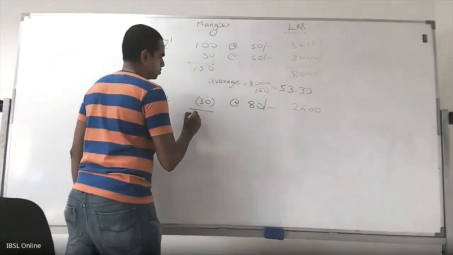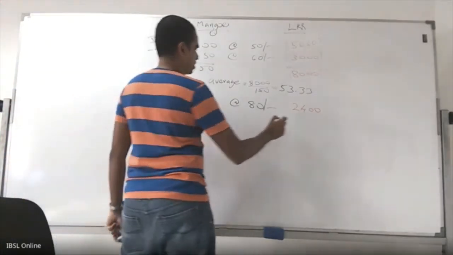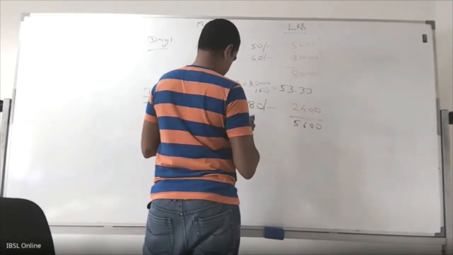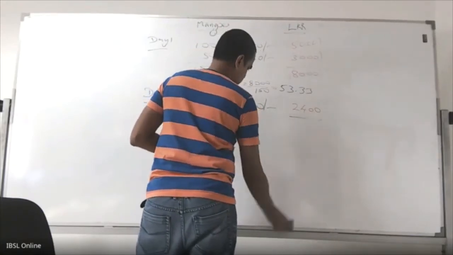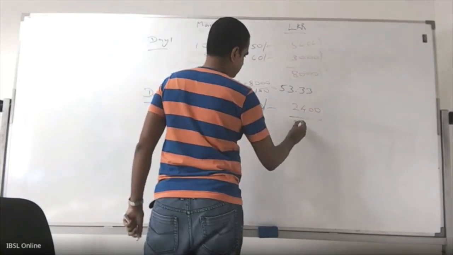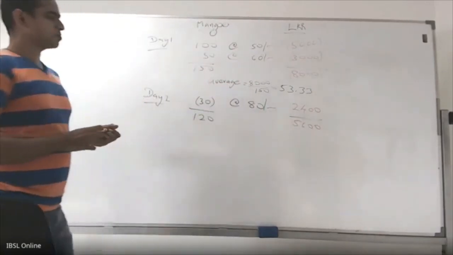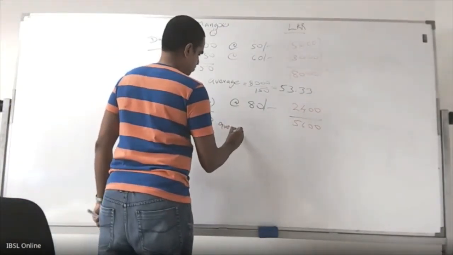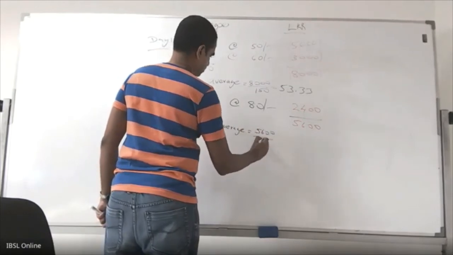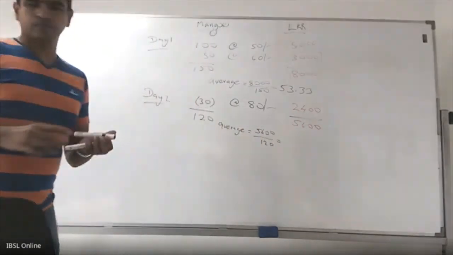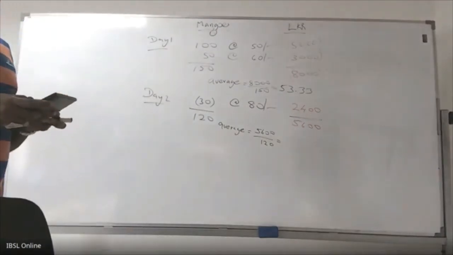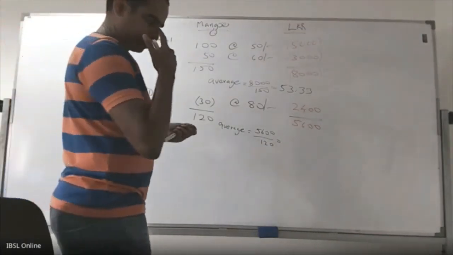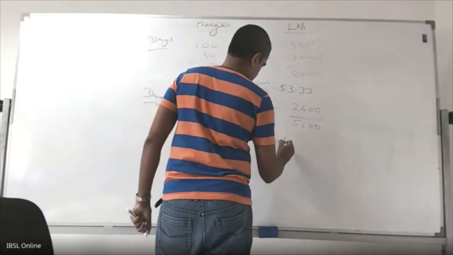And if nothing else happens, you will close the day at 120 mangoes, but rupees will be minus 5,600. The average cost is then $46.67.